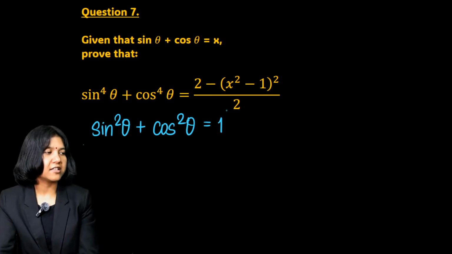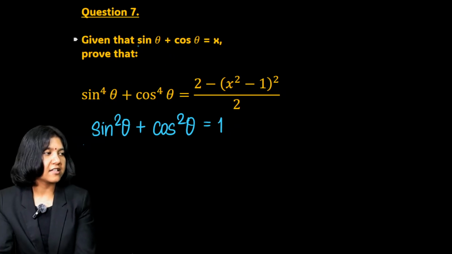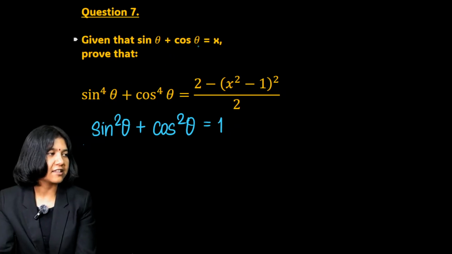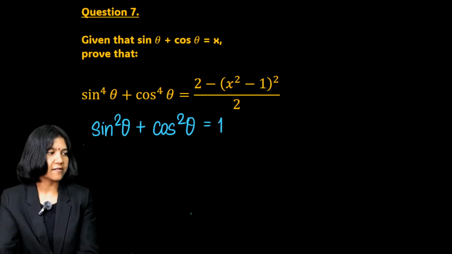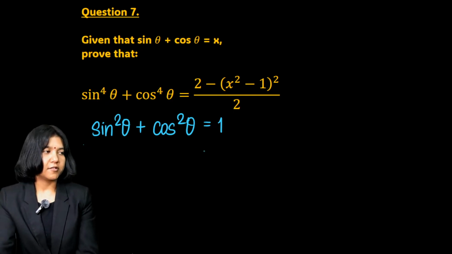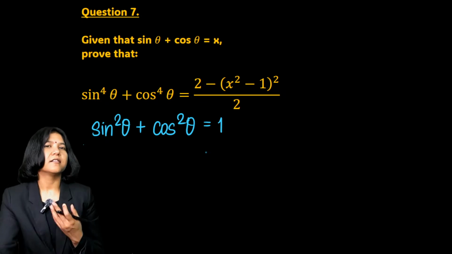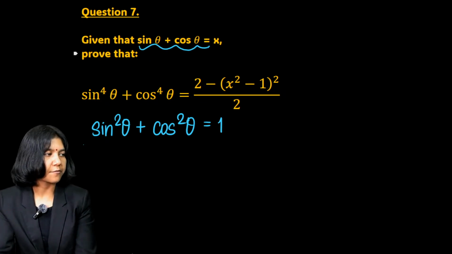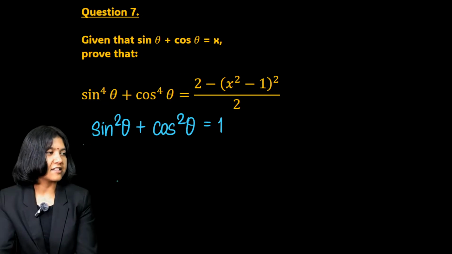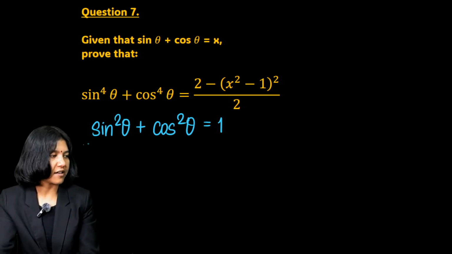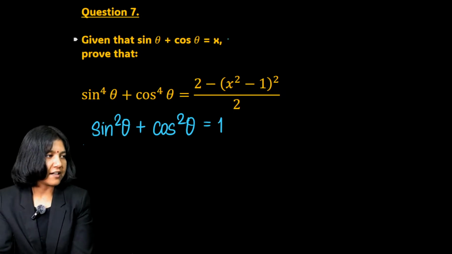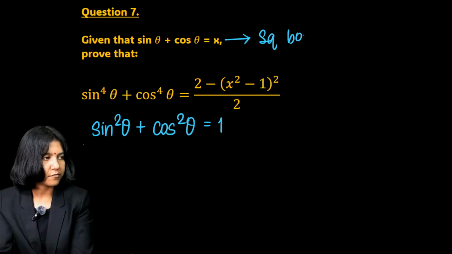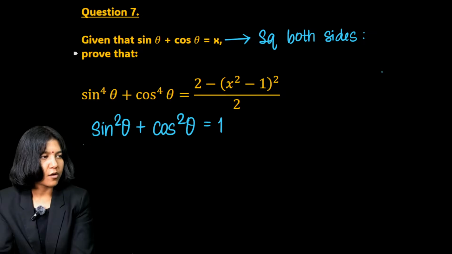This is one identity I'm going to use, and one of the identities has already been given to me, sin theta plus cos theta is equal to x. So wherever you begin, it's the same approach. So I want to start with this one. Sin theta plus cos theta is equal to x. If I square both sides, what do I get?